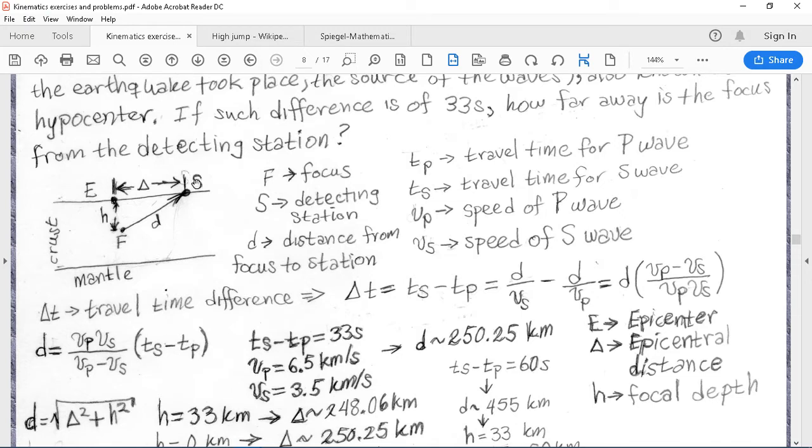S is the point corresponding to a specific detecting station. D is the distance from the focus to the station. And delta is known as the epicentral distance from the epicenter to the station.